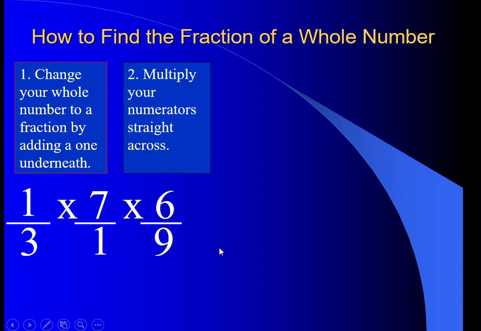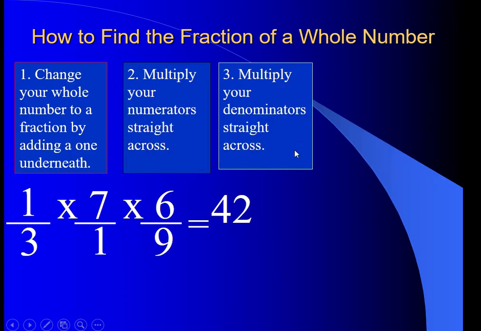So, step 2, multiply your numerators straight across. So, on this case, tatlo siya. 1 times 7 times 6. We have 42. Step 3, multiply your denominators straight across. 3 times 1 times 9, we have 27.